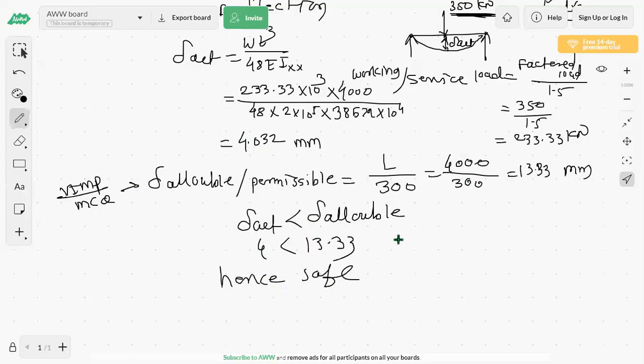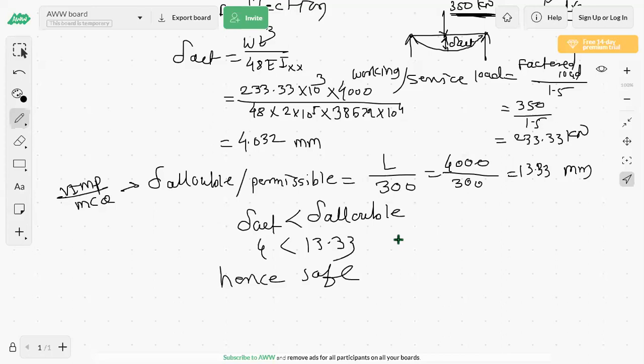So in this way we have to design the beam. So simple but lengthy procedure is there. We have to use the formulas only and we have to put these values into formula and we have to calculate this strength and deflection check. Are you getting?